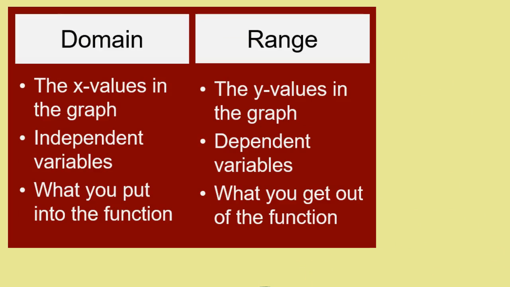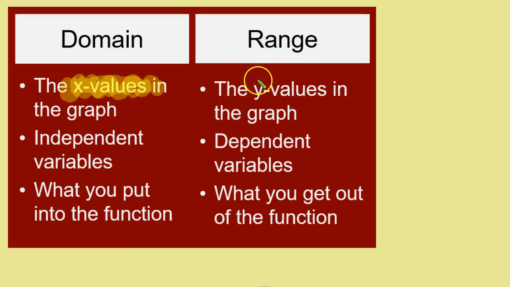First off, domain and range. You've hopefully seen these words before. They're not new. Remember that the domain is all of the x values in a graph. In contextual problems, we call these the independent variables, and it's what you put into the function. In function notation, you say f of x because we're plugging x into the f function.